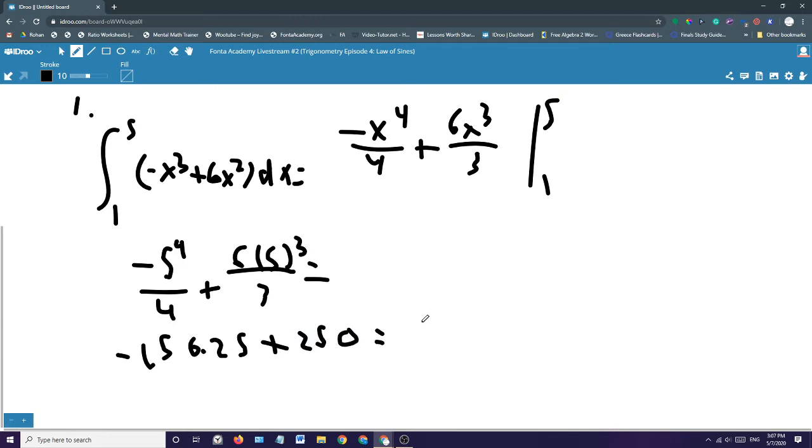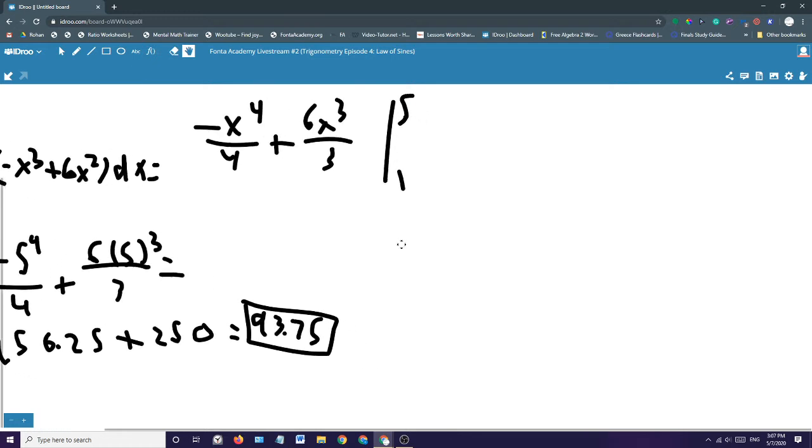So that would equal negative 156.25 plus 250. That's 93.75. And that is the answer if we plug in 5.